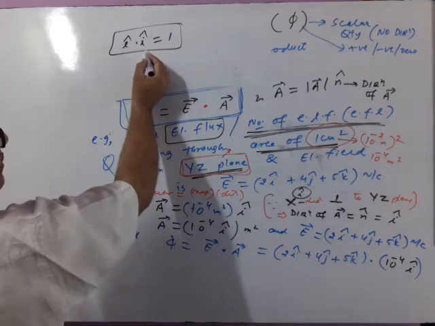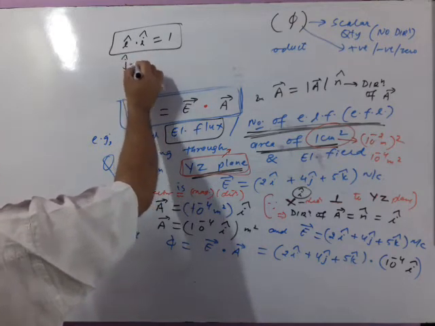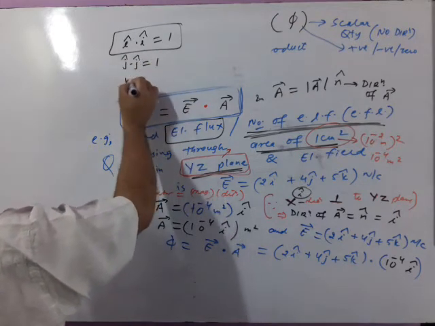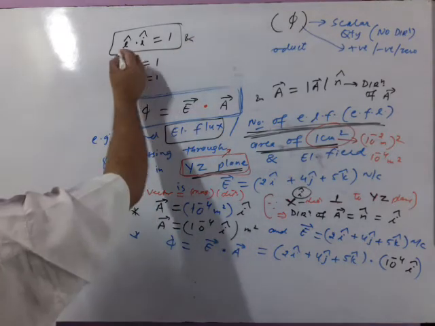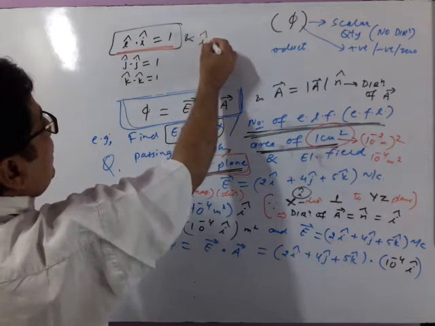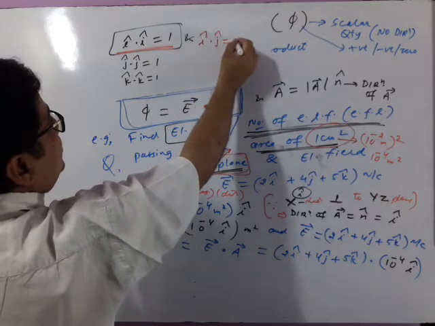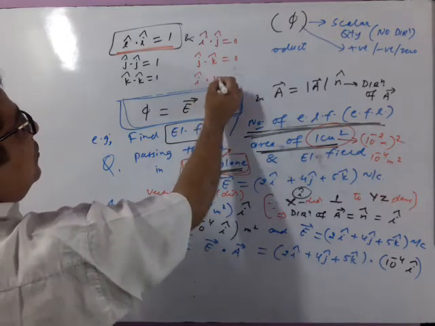If you remember this, you will come to know that if i dot i is 1, then j dot j is 1, k dot k is 1, as well as others are 0: i dot j is 0, j dot k is 0, i dot k is 0.